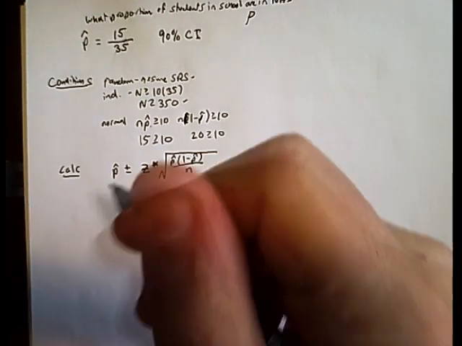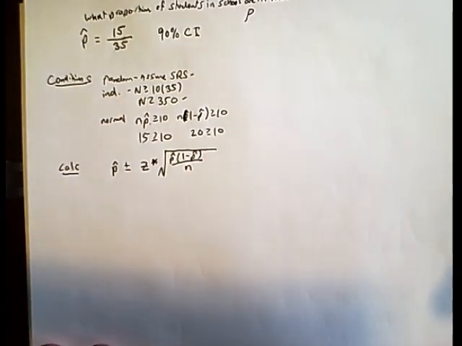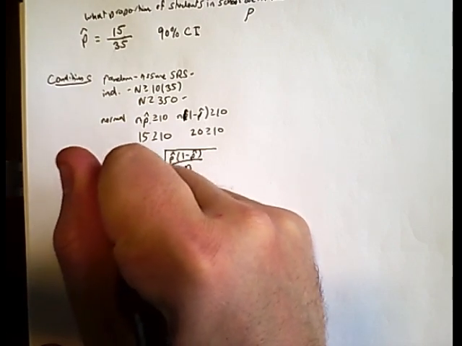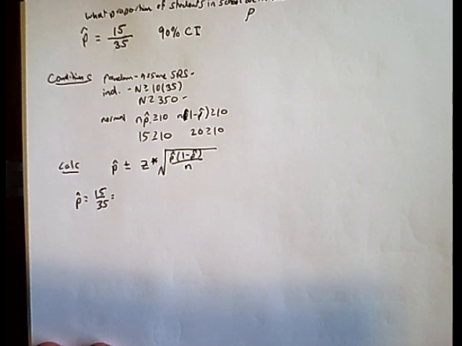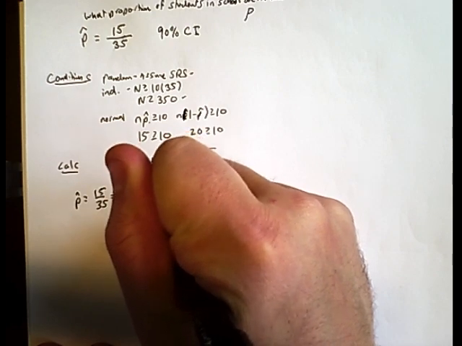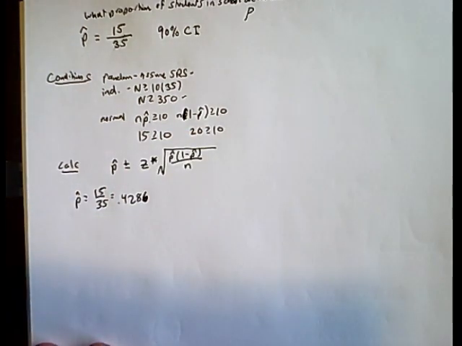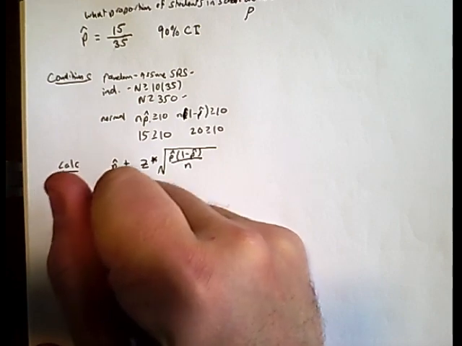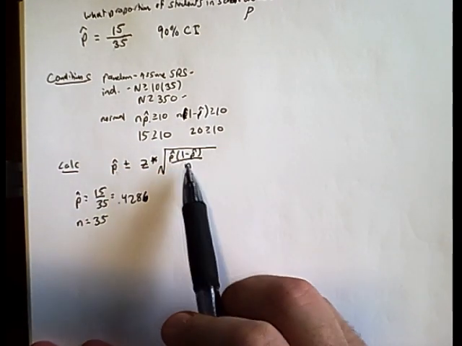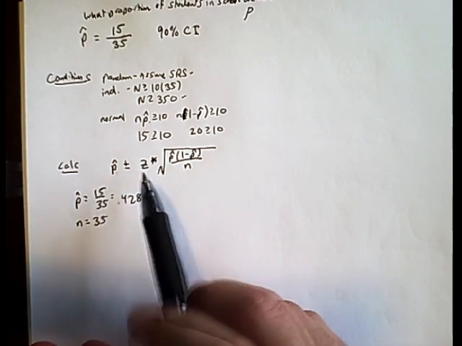The p hat is 15 out of 35, which as a decimal is the same as 3/7, about 0.4286 if you round. The sample size is 35. So we've got our p hat and n, now we've got to figure out z star.